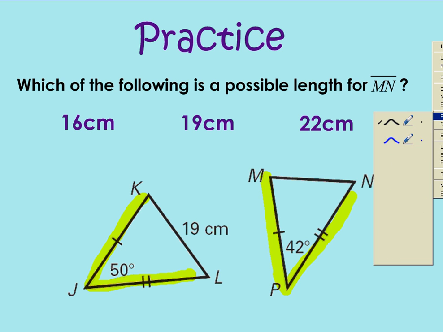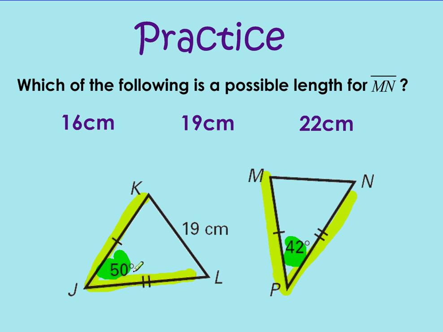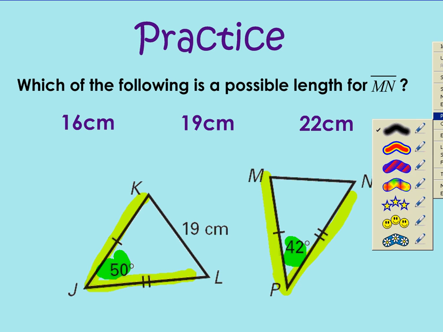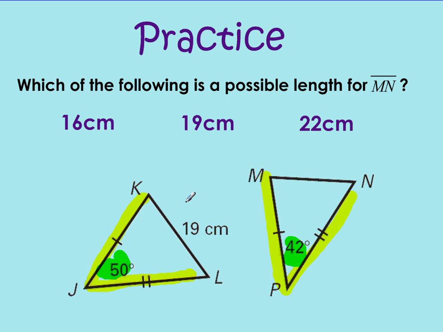We can also compare the angle measures of the included angle, and we see that this angle is 50 and this angle is 42. So what I can say is that this needs to be the bigger side in comparison to MN. Looking at these possible lengths, I know that it can't be equal and it shouldn't be larger than it, so it has to be 16 of the different possibilities.